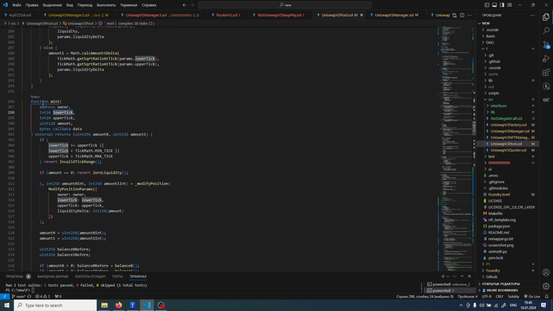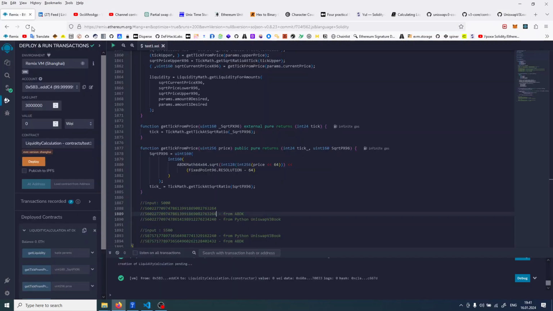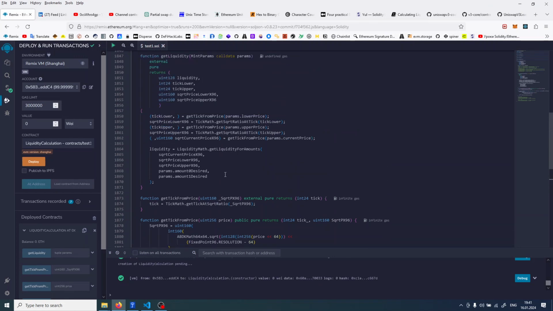So the mint function accepts only ticks, but in a user friendly interface common users don't know about ticks, and they don't understand it, and it's more convenient to work with price.